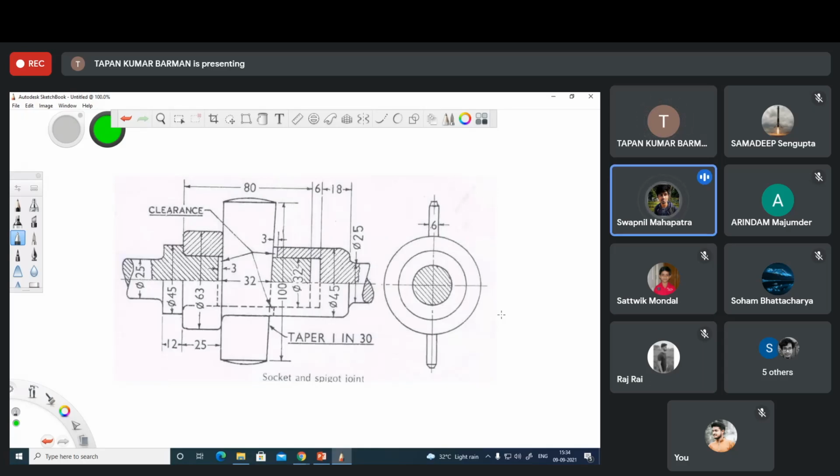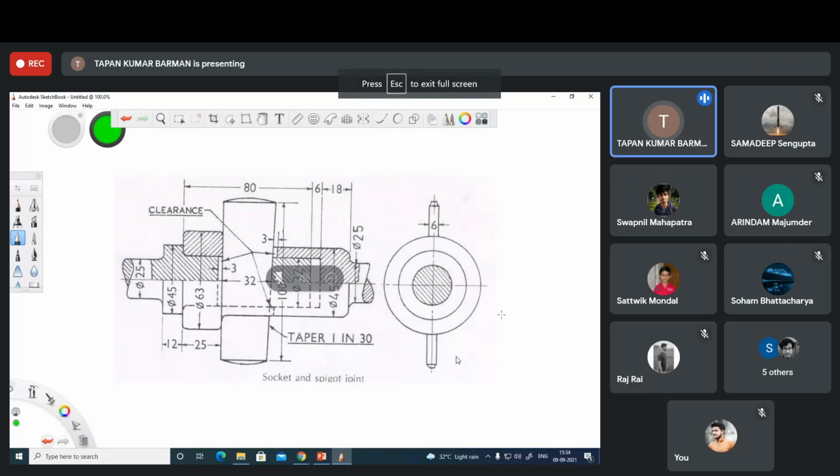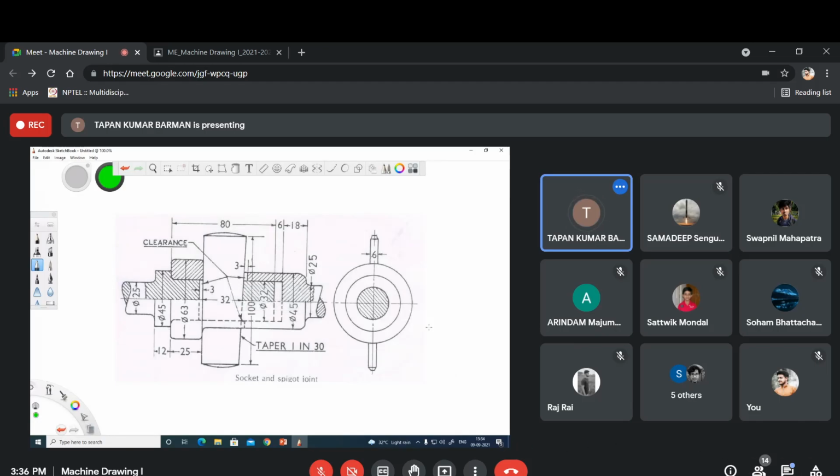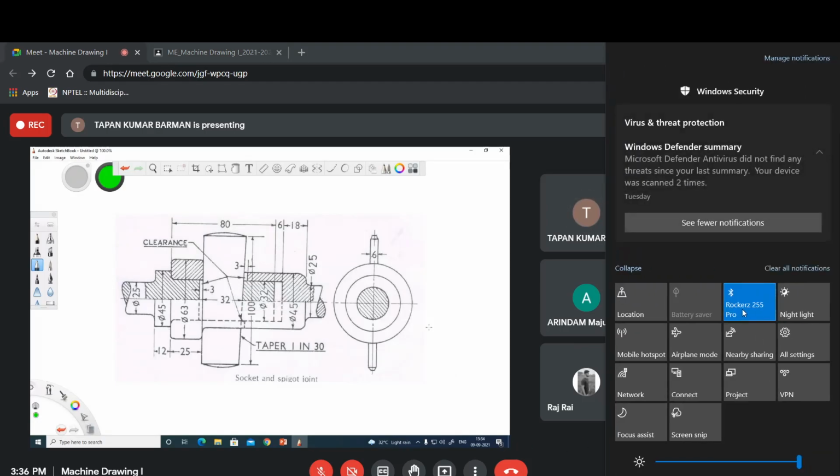So do I have to show the dimensions now? Rough dimension, you can show at least 1-2 dimensions so that at least I can understand from where you have taken it. Okay, sir, wait.